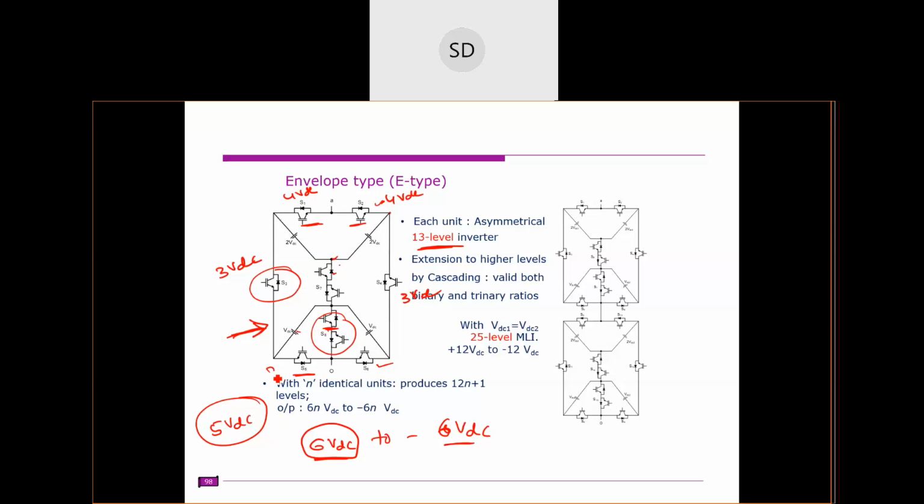Agree? So likewise, you can calculate the blocking voltage. For this, if this is on, there are two options, so this blocking voltage is VDC only.